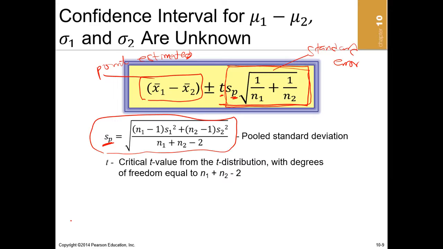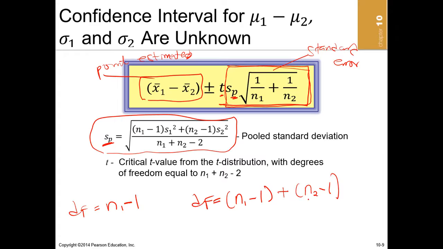Remember, if we were dealing with a single population parameter, the degree of freedom would have been n minus 1. But now, because we are dealing with two separate groups, it will be the sample size of group 1 minus 1, plus the sample size of group 2 minus 1.